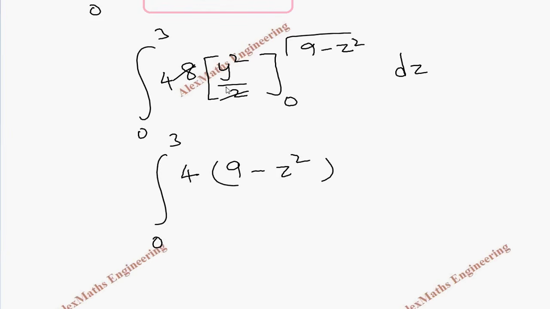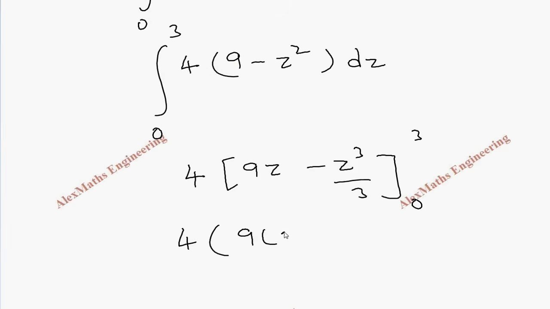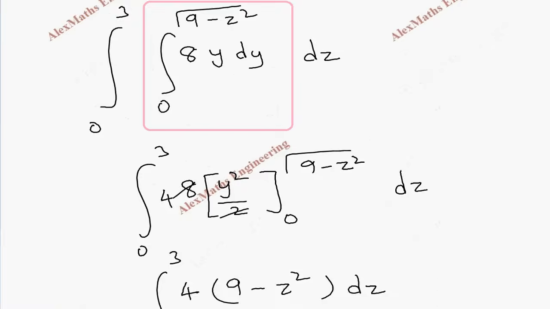When I put the lower limit, everything is 0. So we are left with only this part, and integrating with respect to z, 4 into 9z minus z cube by 3, from 0 to 3. So 4 into 9 into 3 minus 3 cube by 3. We can cancel the 3 cube by 3, so this becomes 4 into 27 minus 9. 27 minus 9 is 18, and 18 into 4 is 72.